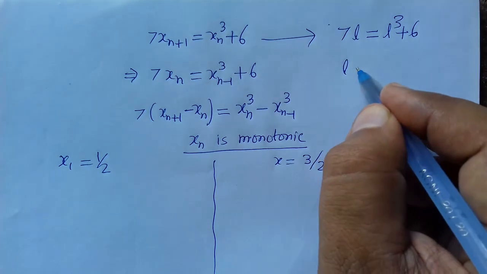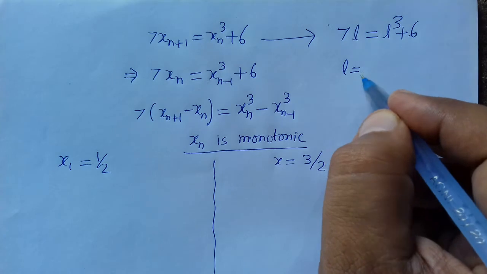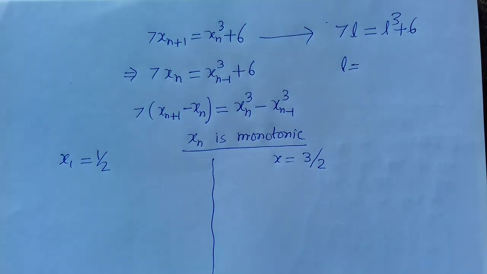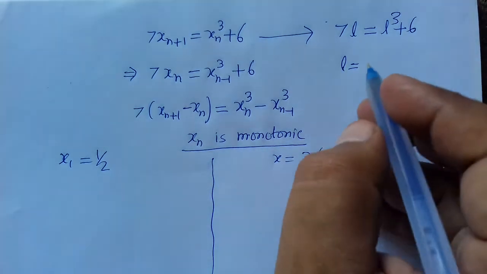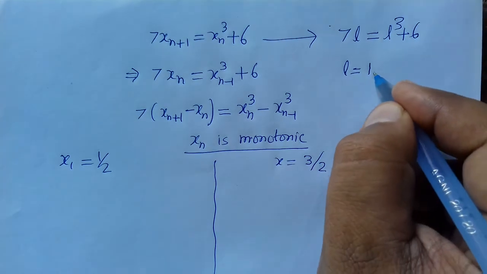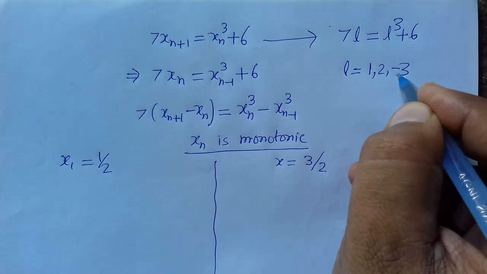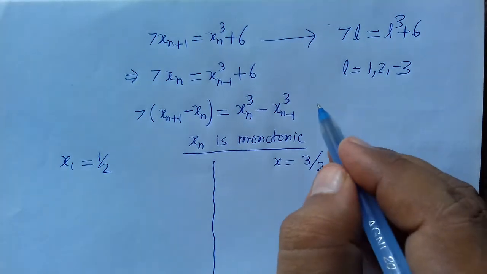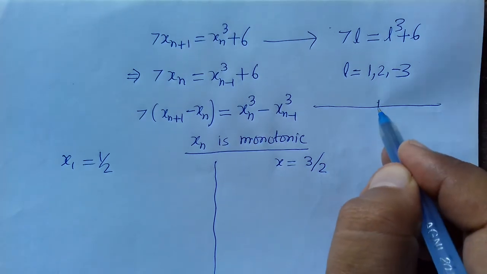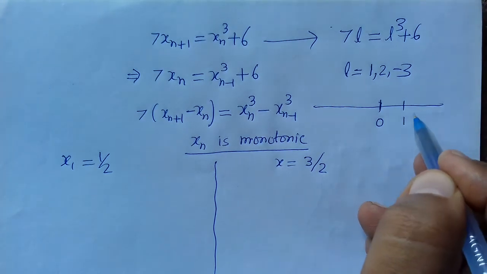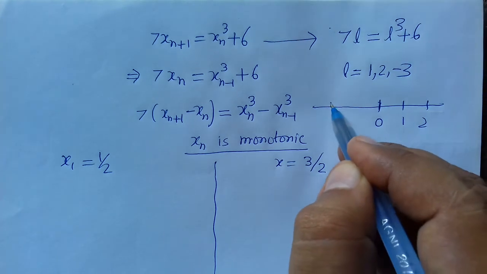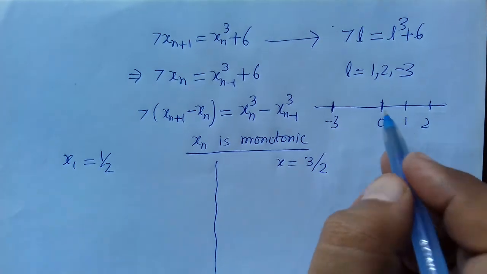The other two solutions, if you solve this, will be 2 and minus 3. We can show these three on the number line: 1 here, 2 here, and minus 3 there.